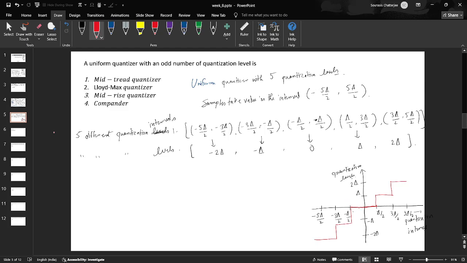So let us write that. Your quantizer characteristic is flat at m equal to 0, and this gives it its name.